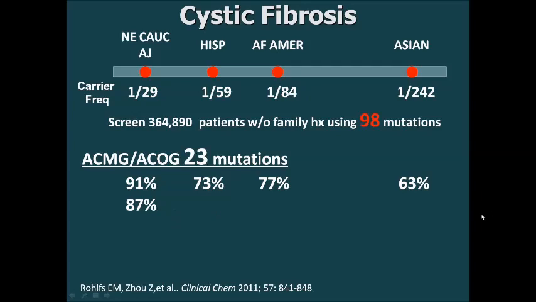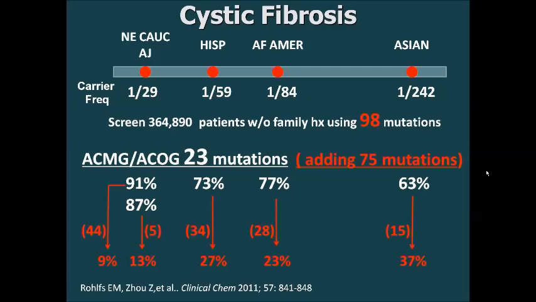If you apply additional mutations from the 98 mutation panel, you can see that you can pick up an additional 9% of patients in the Caucasian population, 13% for the Ashkenazi Jewish population. 34 mutations will allow you to identify 27% more Hispanic patients. 28 additional mutations allowed you to detect 23% more patients in the African American group, and there was an additional 37% detection when 15 mutations were applied to the Asian population.